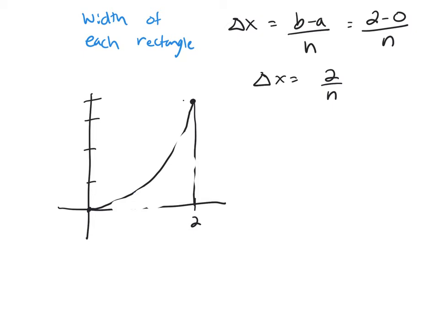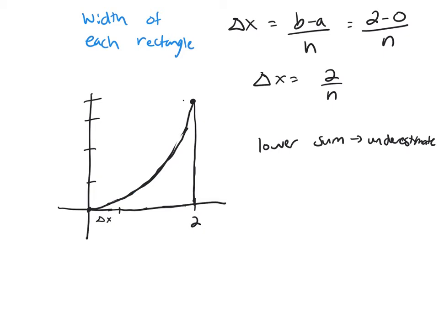So let me erase that shaded region so that we can draw in our rectangles now. Remember, if we're talking about the lower sum, we want to underestimate. So think for a minute. Let's say here's my first rectangle. This distance here is delta x.